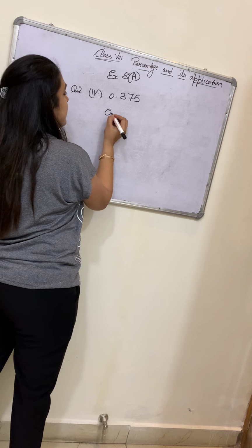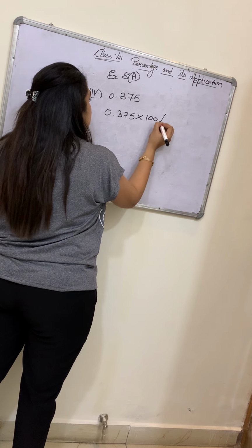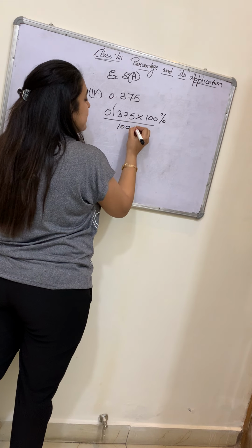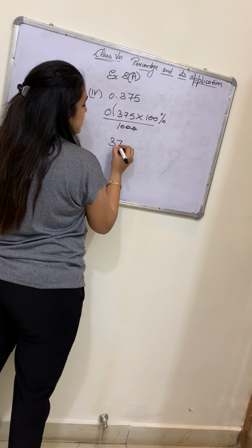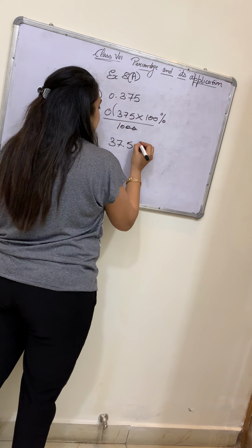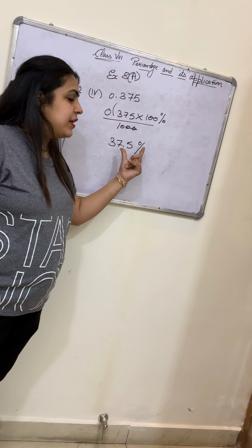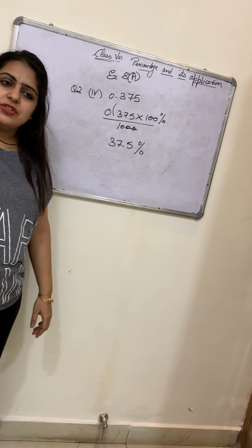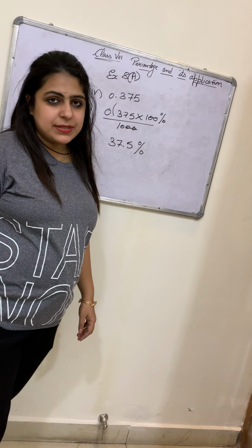For changing it into percentage, I am going to multiply it by 100%. Removing this, we will get 300. 2 are cancelled. This is converted into 37.5%. So we have changed the number into percentage by multiplying it by 100%. Simplifying it, we got the answer 37.5%.